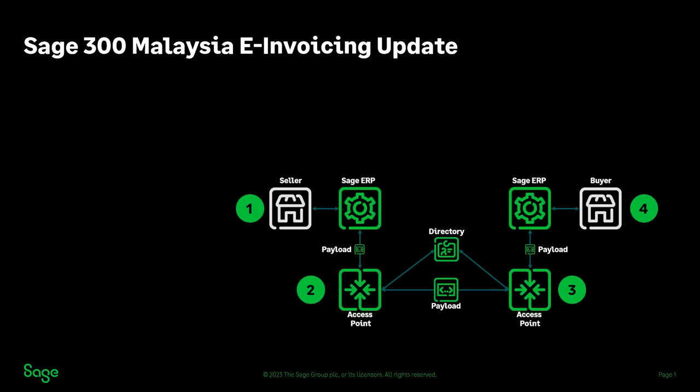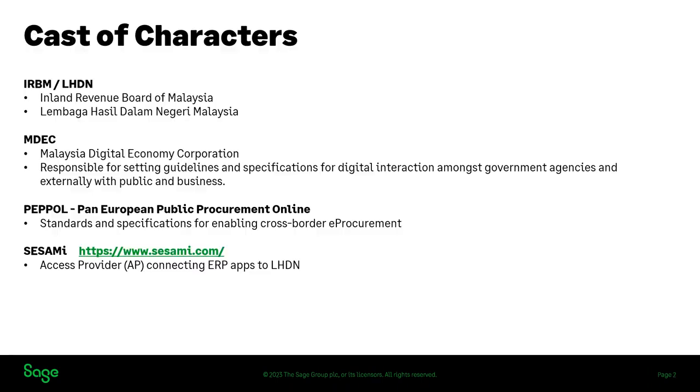All right. First of all, let's understand who the different players responsible for it are. The first one most people are familiar with is the Inland Revenue Board in Malaysia, the good folks who are more than happy to take your money.